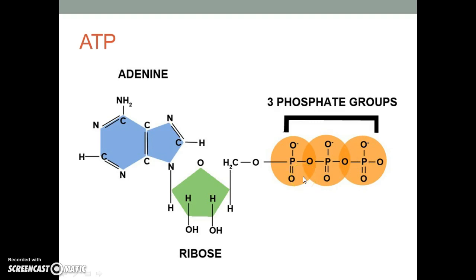And when we release energy, we remove one of these phosphate groups from the ATP molecule. When this phosphate group is removed, we form an ion, HOPO3 2-. ATP can release that ion, and when that's done, we're left with 2 phosphate groups, ADP. ADP can store that phosphate ion.